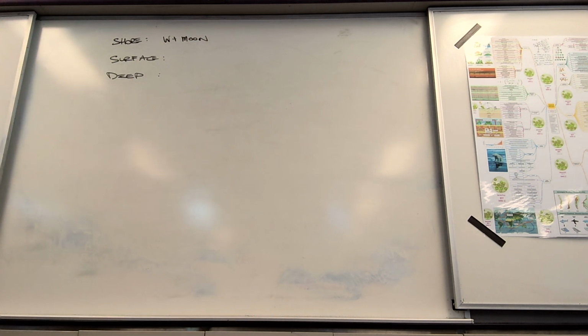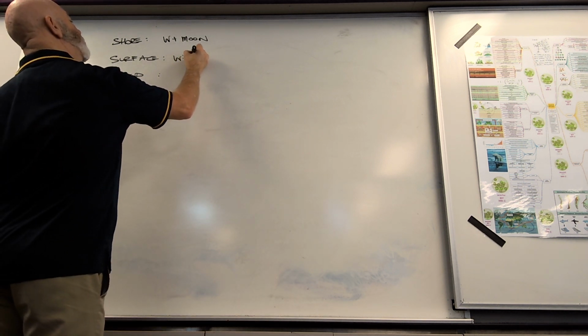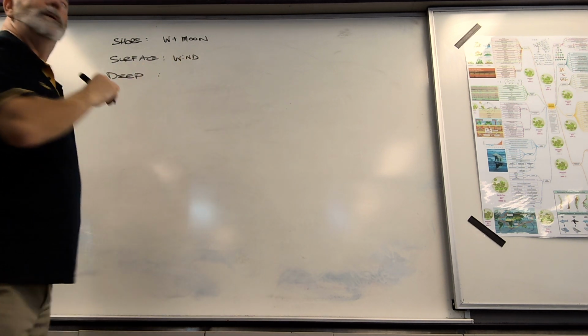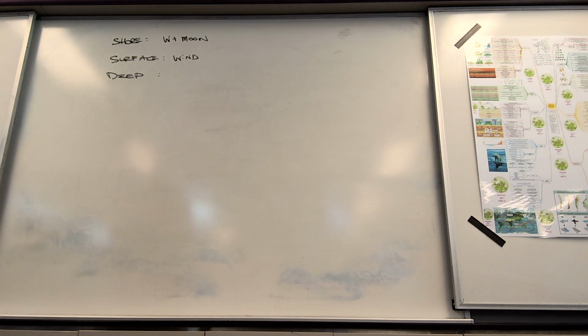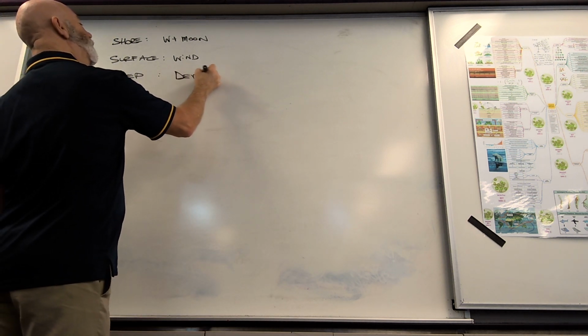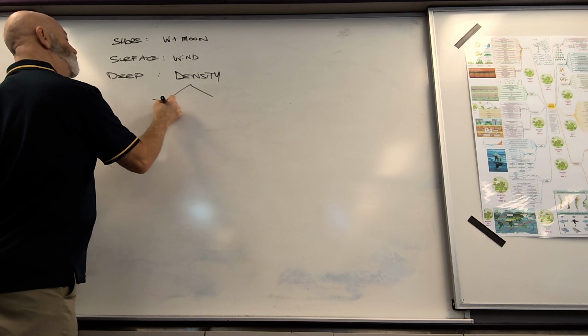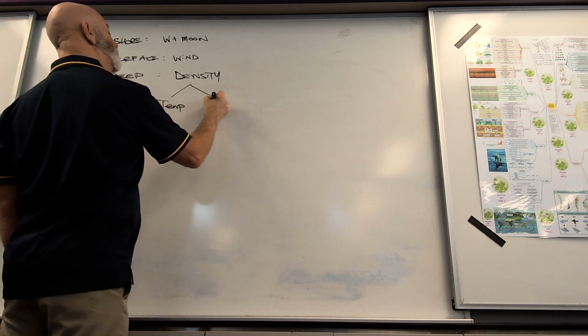Okay? What about surface? Just wind? Wind only? And deep? Density, which relies upon heat or temperature, and salinity. Well done. So it is density, and the density is dependent upon temperature and salinity.